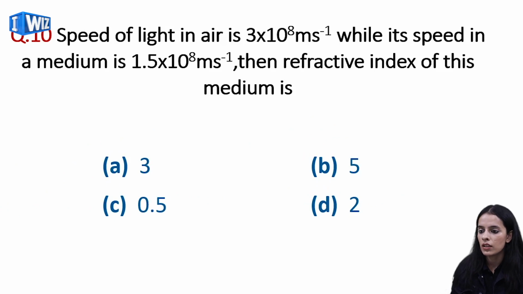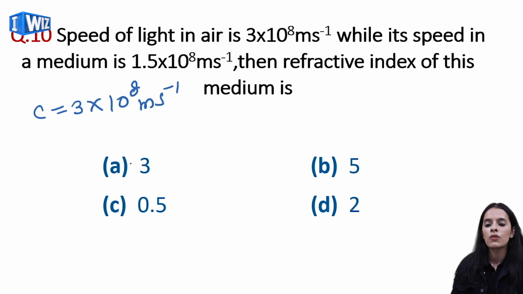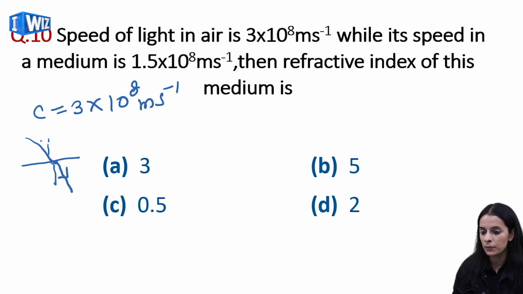Speed of light in air is 3 into 10 raised to power 8 meter per second, and it always stays the same. While its speed in a medium, let's say a ray of light is coming from air and after refraction it bends towards the normal and enters into the medium.